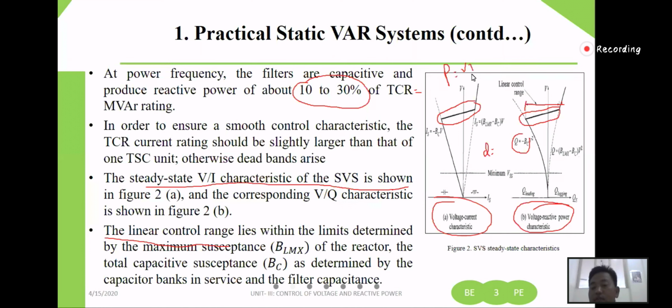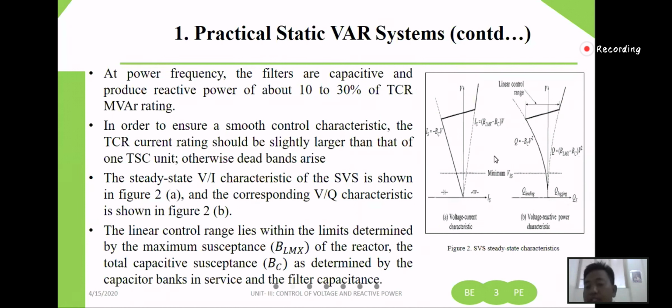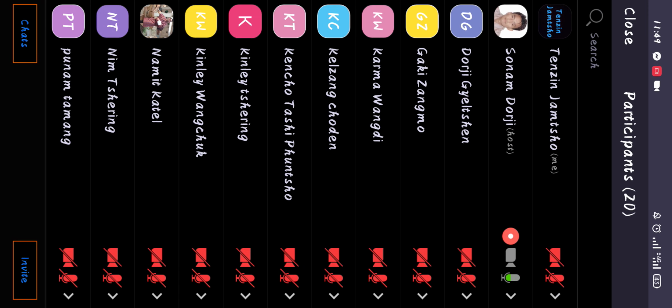Now I will be equal to V by R, which means you will get V square by R. The reciprocal of resistance is known as susceptance, so that's why you will find this B. Instead of V square by R, it has been written as BC times V square. BC is the susceptance of the capacitor. Similarly here you will get this. So this is just a combination of two SVCs, that is TCR and TSC.